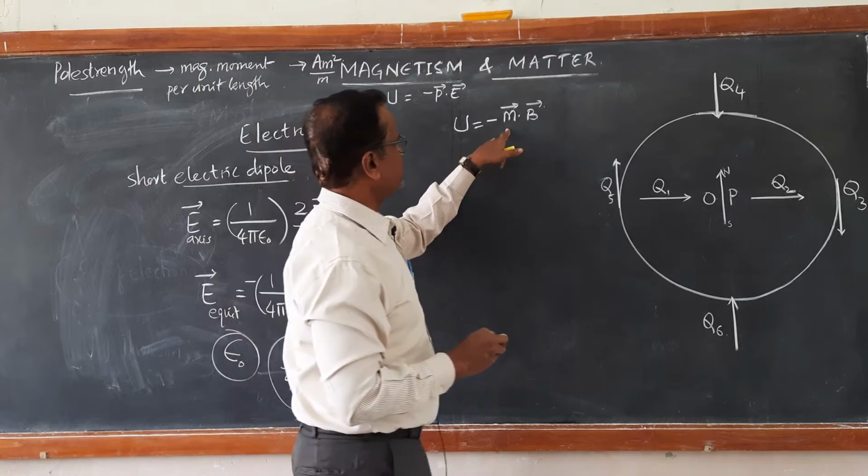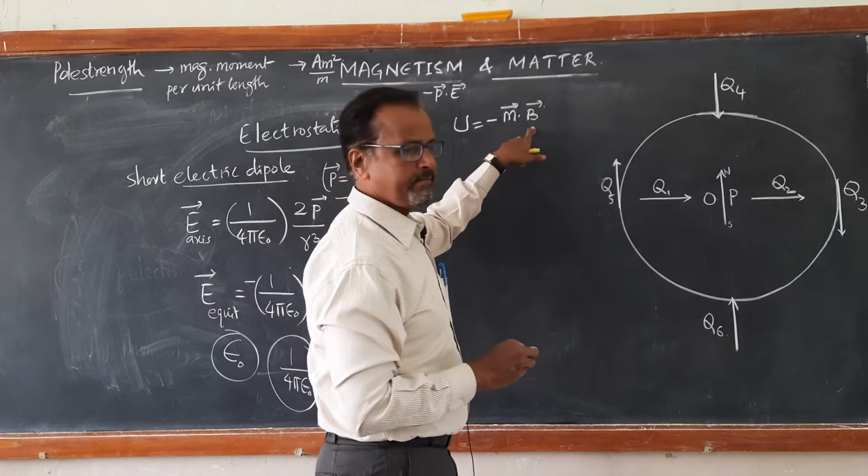Here in this case, m is the magnetic moment and B is the magnetic field.